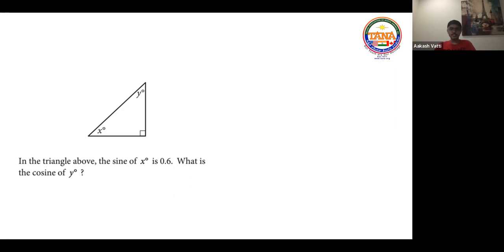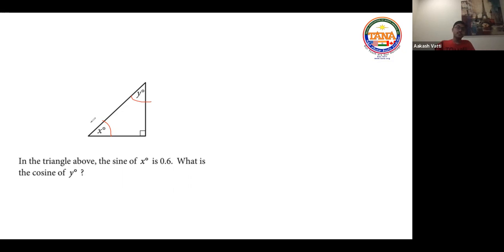This one is a lot easier because I just explained it in the other problem. I'm just making sure people understood it. All right, looks like everyone understood what I said in the previous problem, if they got this question. So as I said in the previous problem, when you have a sine of an angle here, that's the same thing as the cosine of an angle here.